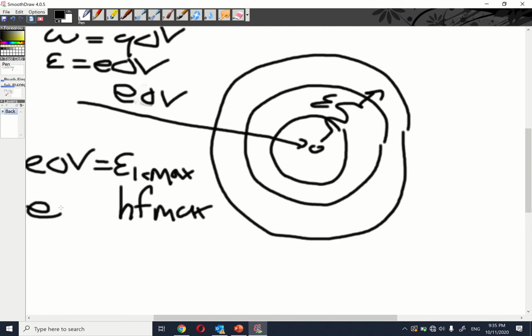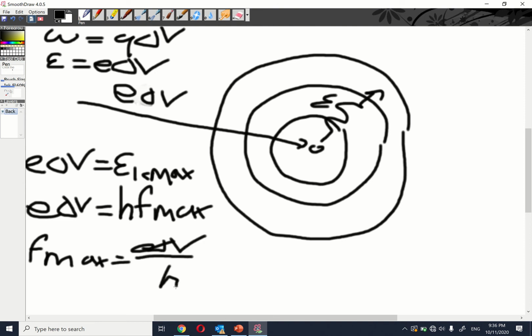And same thing on this side, e times V equals that. Some simple rearranging: f max equals e times V over h. And this here is what you see on the formula sheet.